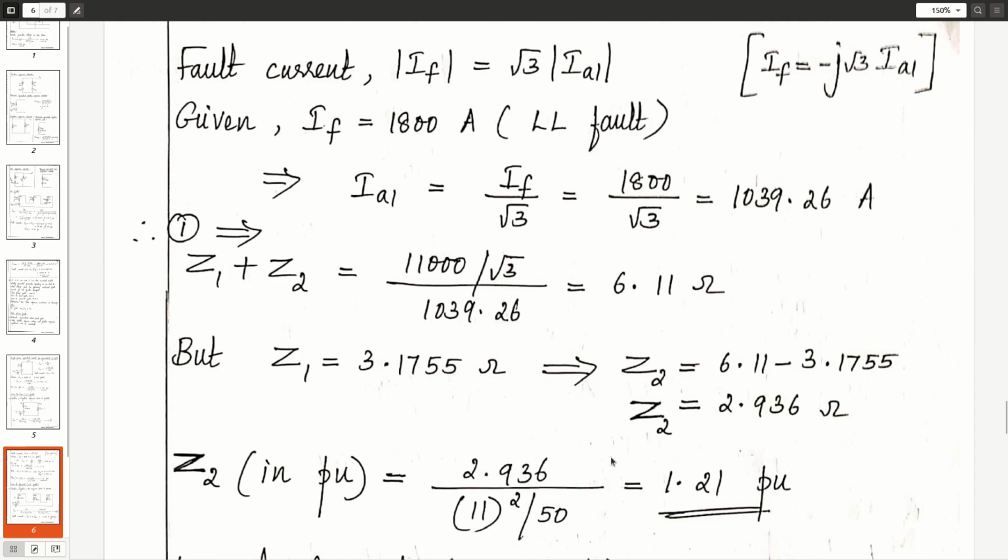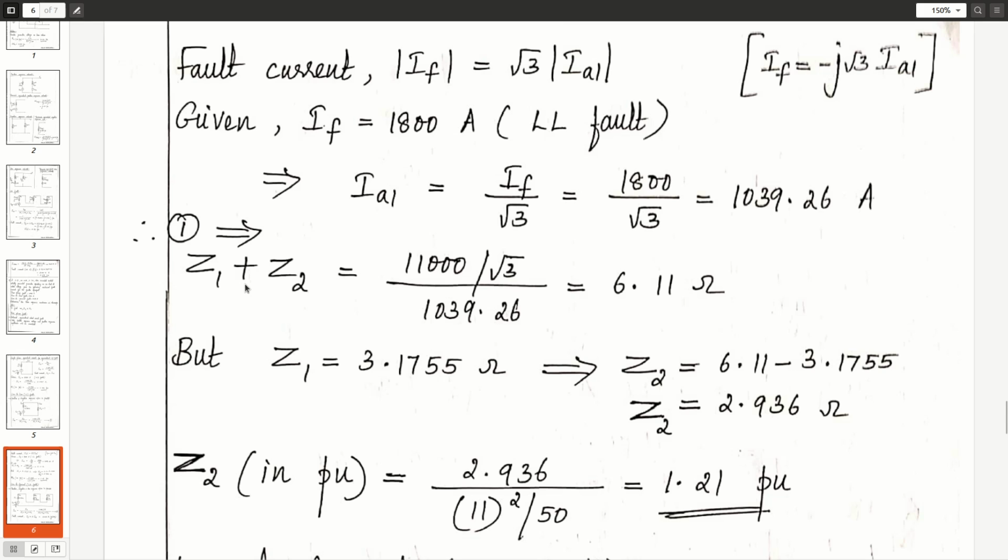Also we know for LL fault, magnitude of fault current IF is equal to root 3 into IA1. Given IF is equal to 1800 amperes. Therefore, IA1 is equal to 1800 divided by root 3, which is 1039.26 amperes.